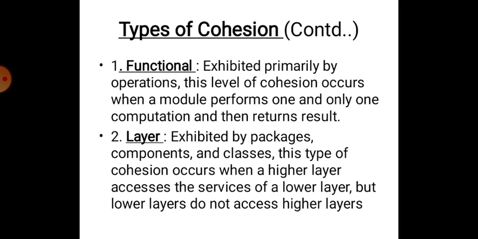Point number 2. Layer. Exhibited by packages, components and classes. This type of cohesion occurs when a higher layer accesses the services of a lower layer, but lower layers do not access higher layers.